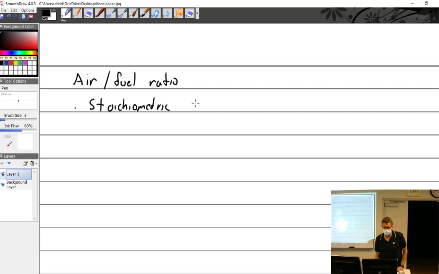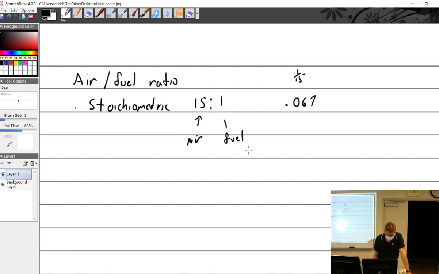And for aviation gasoline, it happens to be 15 to 1, where it's 15 parts of air to 1 part fuel. That's gasoline. It can be expressed as a decimal, which is 0.067. And where did I get that? It's 1/15.